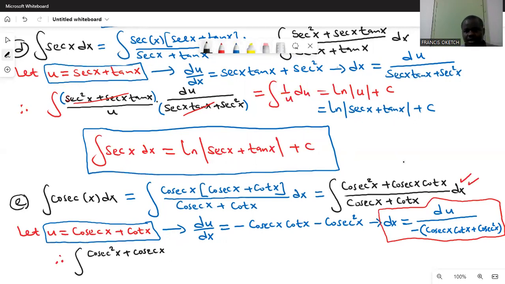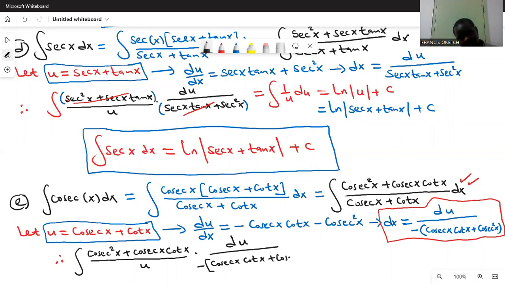So that is cot x. Denominator, that was u. Then times dx, which is du, over negative cosec x cot x plus cosec squared of x.